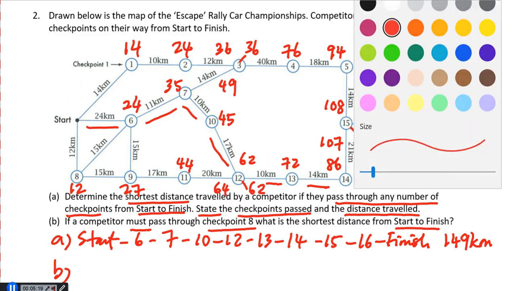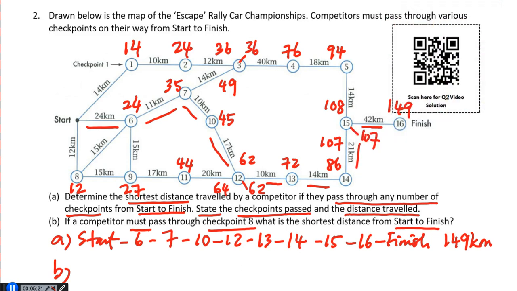For this one, I'm going to use a different color to symbolize the alternative route here. Now in this case, I must pass through checkpoint 8. So for checkpoint 8 here, I must go through checkpoint 8.